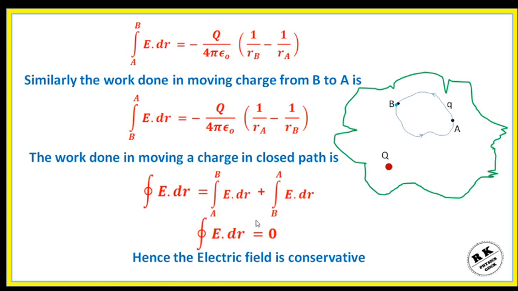Now let us remember this equation. We are going to use this equation in the next slide. That is, closed line integral of E dot dr is equal to 0. Now if we apply Stokes theorem, what does Stokes theorem say in vector calculus?